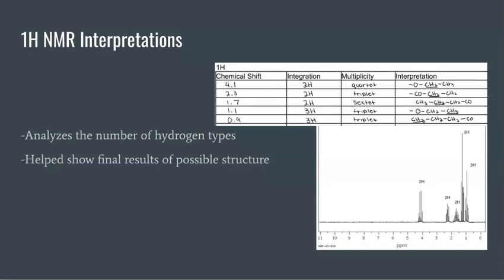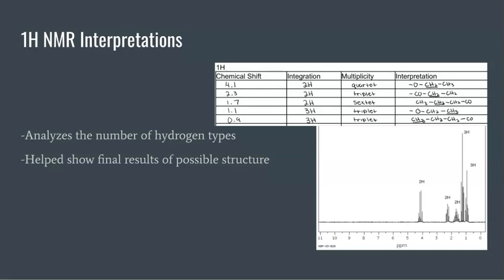Within our chart, we can see that there are only 5 shifts noted, whereas in the 13C spectrum chart, there were 6 shifts noted. That is because there is a C double bonded to an O within our structure containing no hydrogen atoms. Therefore, it will not be picked up on this spectrum.